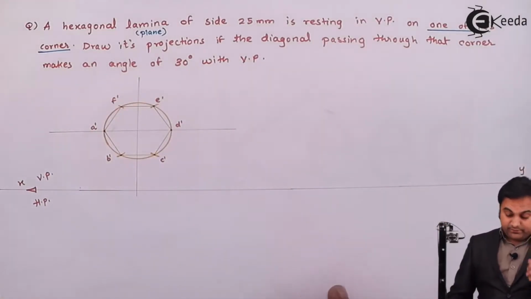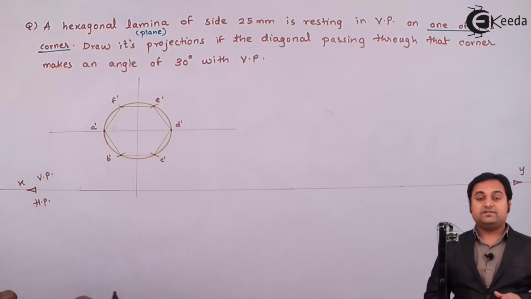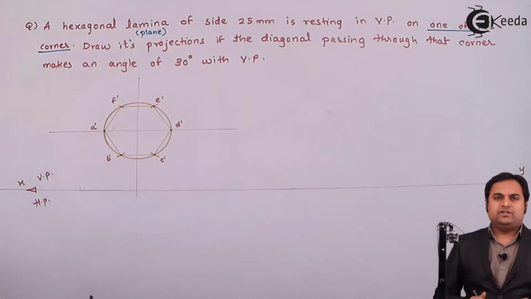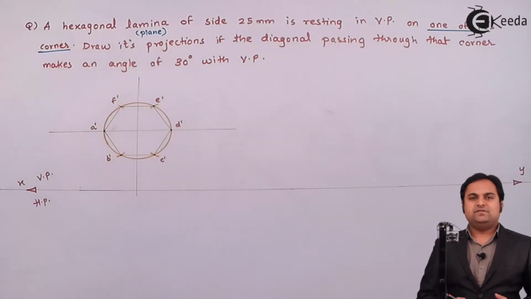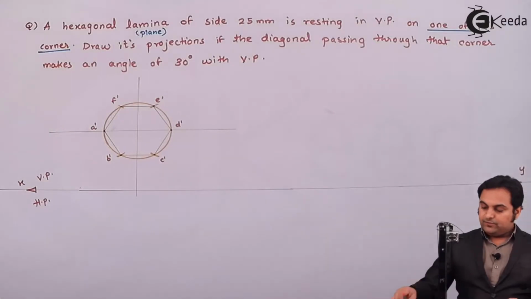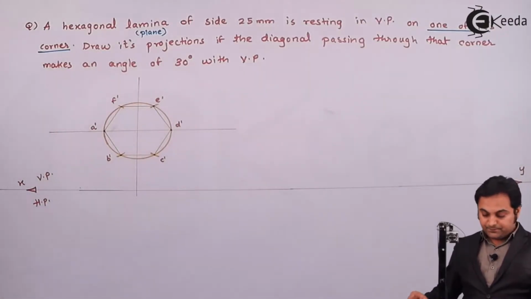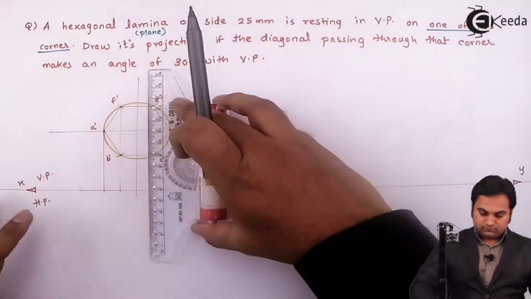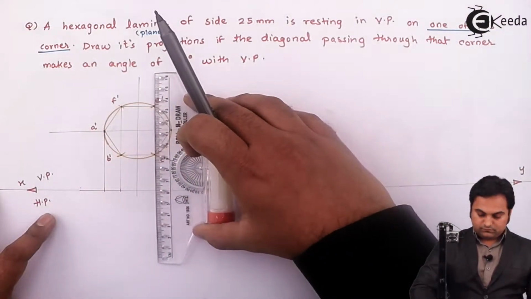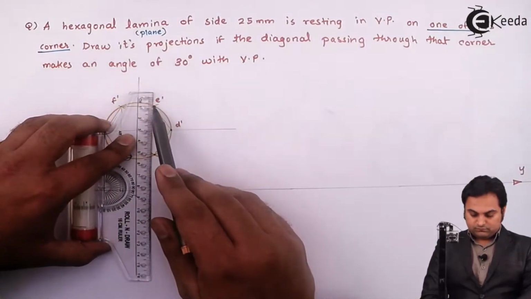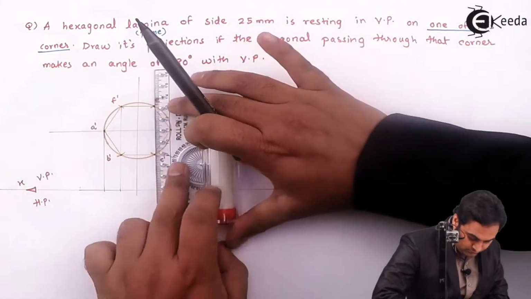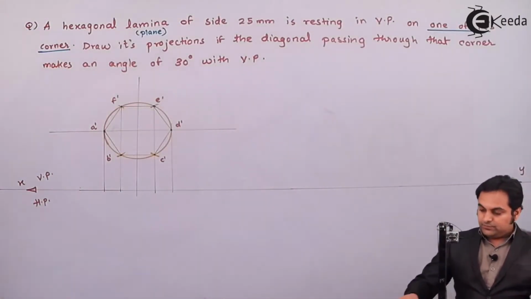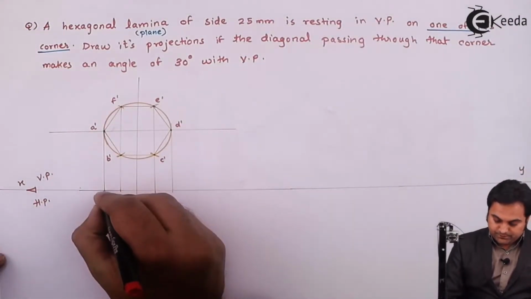Now when this hexagonal lamina is seen from the front, it looks like a hexagon, but when we see it from top, it will look like a straight line, because in case of planes the thickness are negligible, so it will appear as a line. So projecting that line onto XY, after projecting all these points, I'll give them the notation here.